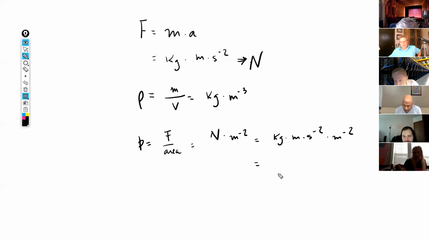Remember, one of the meters cancels out. So you get kilogram per meter per second squared, or kilogram times meter to the negative 1 times seconds to the negative 2. That would be the standard way to notate this. That's really important. They call that a Pascal. So Pa stands for Pascal.